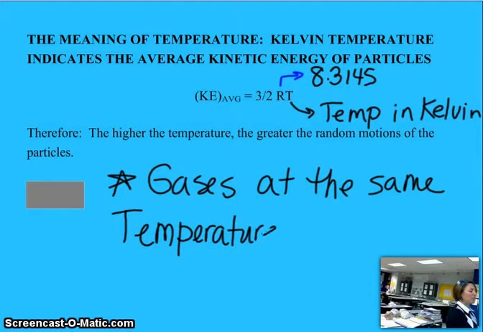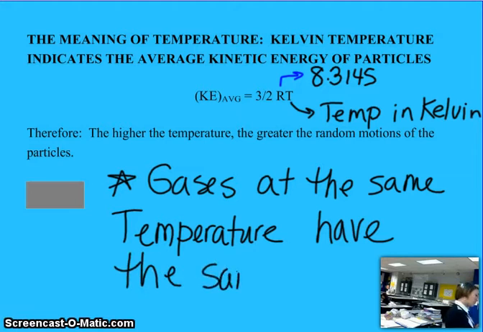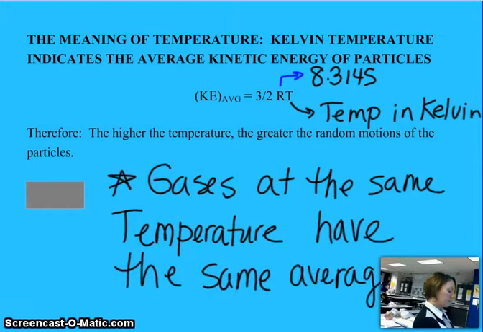Doesn't matter what the gas is, what the volume is, or what the pressure is. Gases that are at the same temperature, whether it be 5 gallons or a pint, will always have the same average kinetic energy. Kinetic energy is energy of motion, okay?